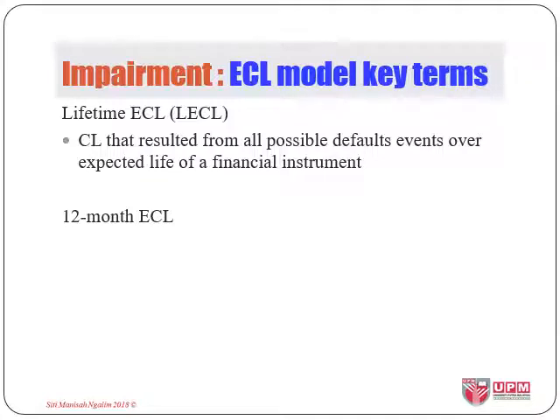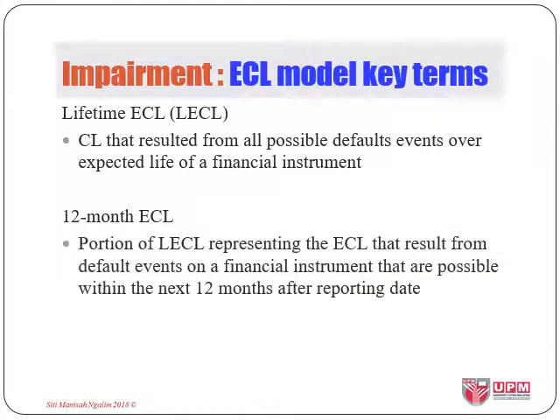In relation to that, we also have the 12-month expected credit loss, which simply means credit loss that is expected to result from a default within the next 12 months of the financial assets from the current reporting date. The assessment needs to be done at every end of financial year, unless there is a need to do the assessment before the reporting date due to certain events that might suggest a probable, very near future impairment.